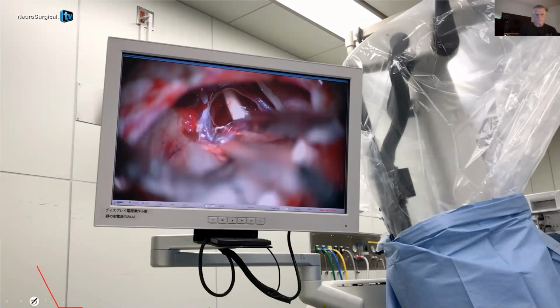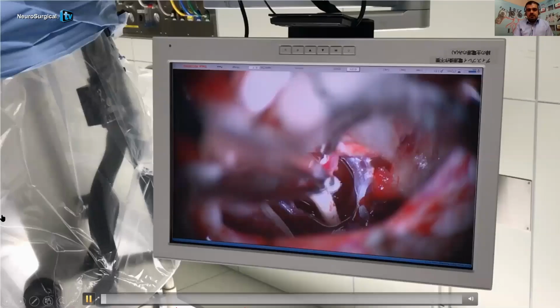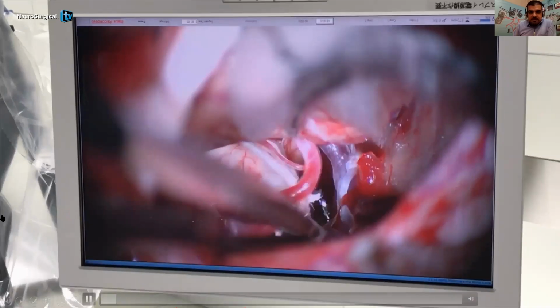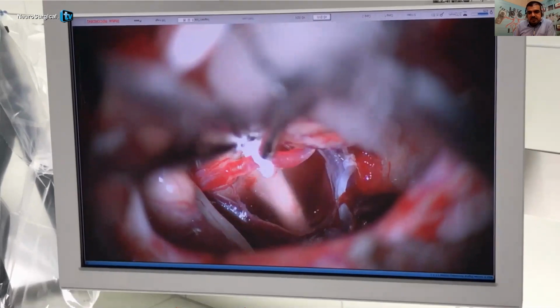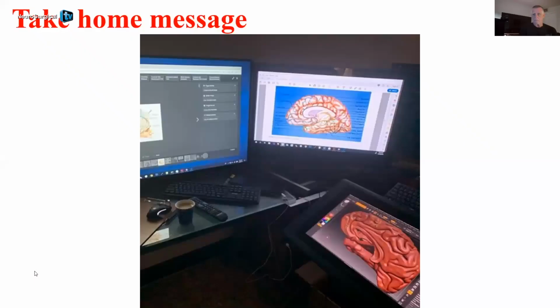Oops. Maybe this is an upside down video, sorry, but this is the sling, this is the Teflon ring. I'll try to use the pointer. Oops.